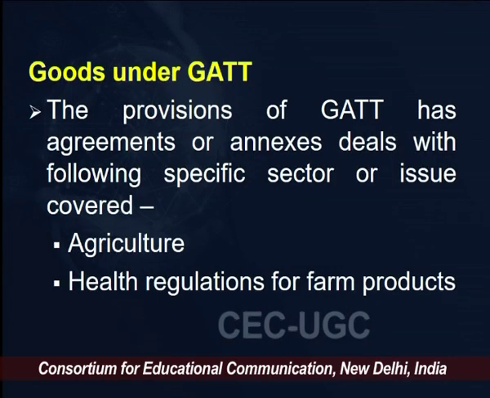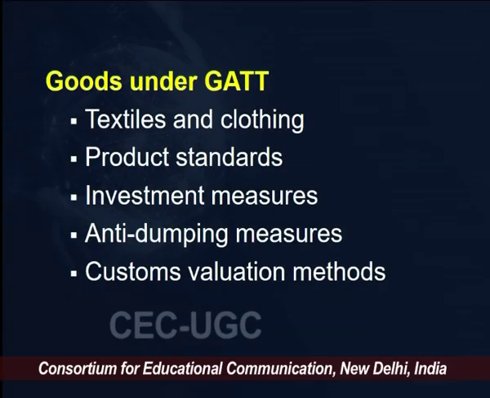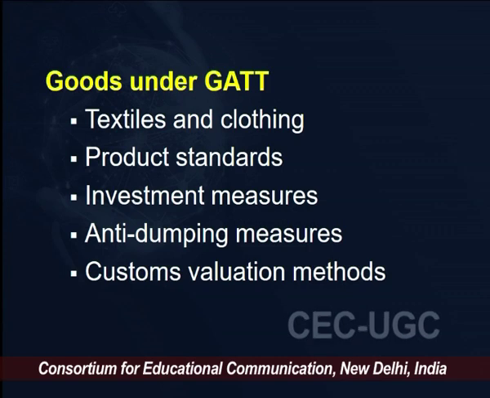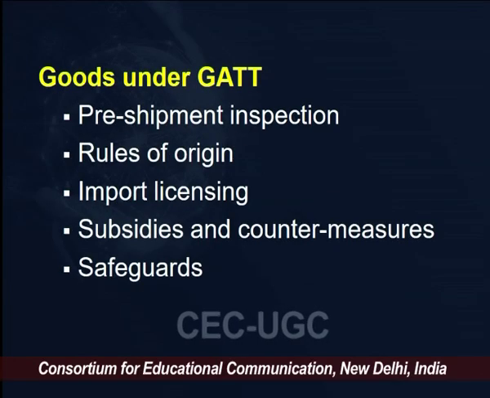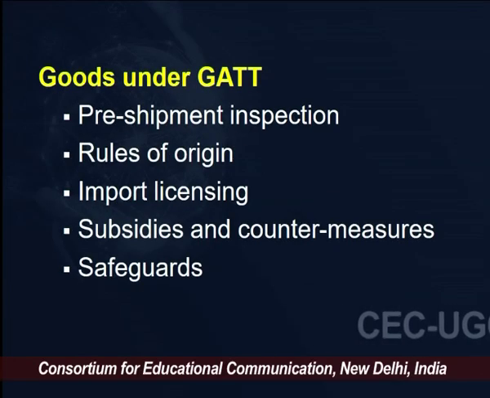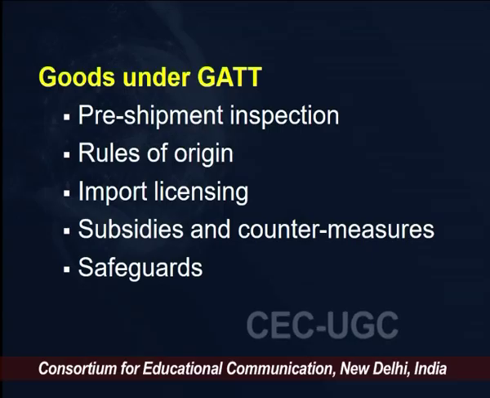The provisions of GATT have agreements or annexes dealing with the following specific sectors or issues, that is agriculture, health regulations for farm products, textiles and clothing, product standards, investment measures, anti-dumping measures, customs valuation methods, pre-shipment inspection, rules of origin that we have discussed earlier also, import licensing, subsidies and countermeasures, and safeguards.